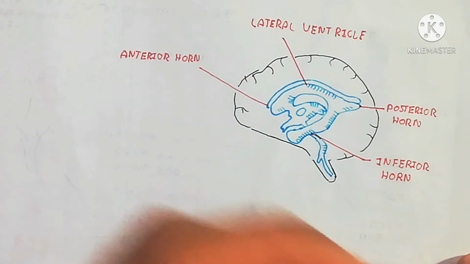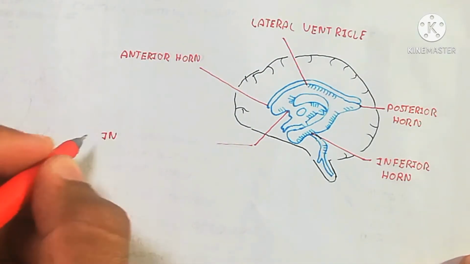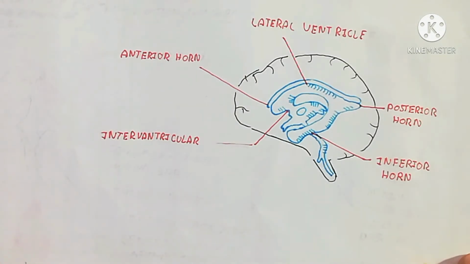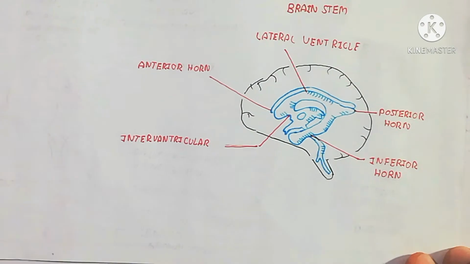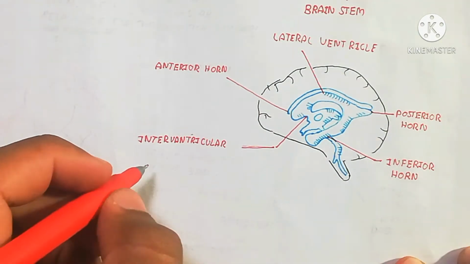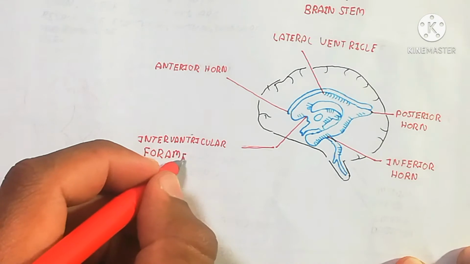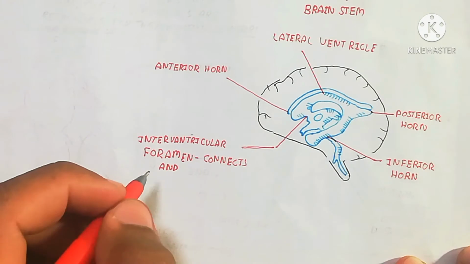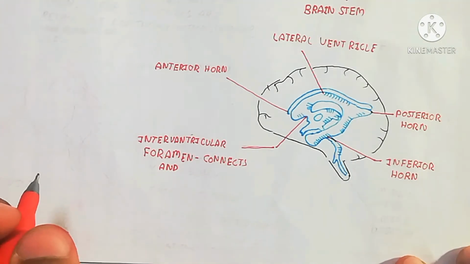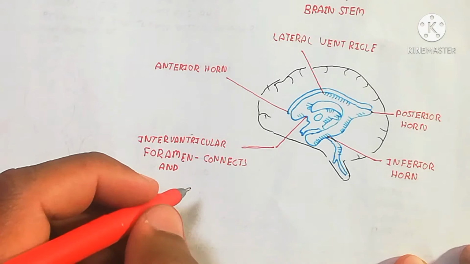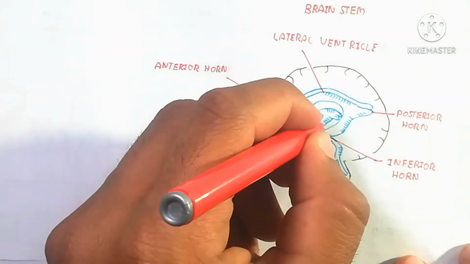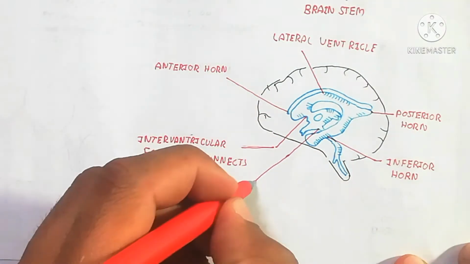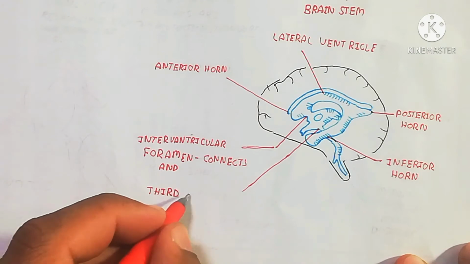In the next diagram we will discuss this. Here you can see the interventricular foramen, which connects the ventricles and the brain. And next, from here you can see the third ventricle.